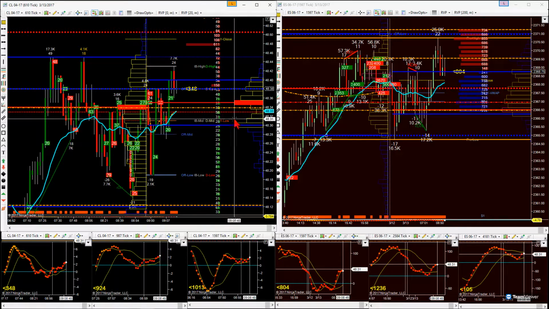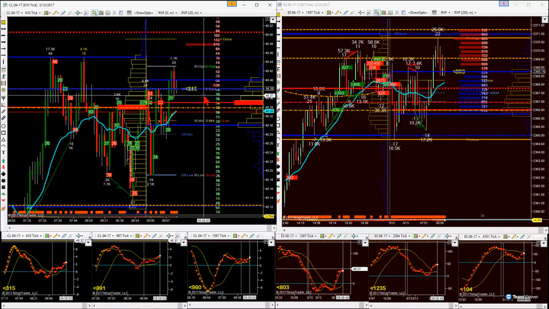So we've gotten above low from Friday. Now let's see if we can get a pullback and give us maybe a nice entry here for a long.